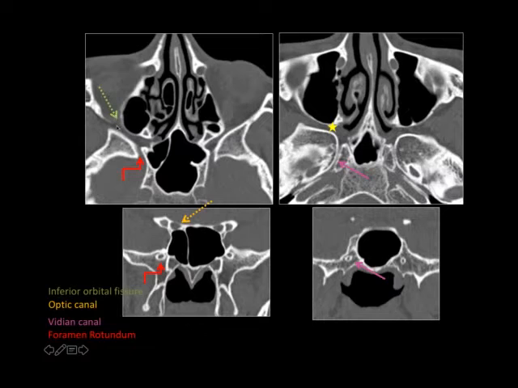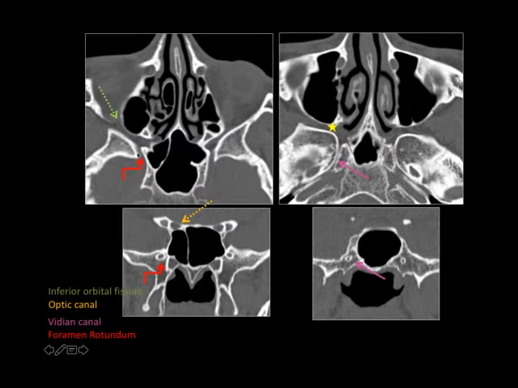Inferior orbital fissure will communicate with the pterygopalatine fossa, and you all know all the communications of the pterygopalatine fossa, right? So the pterygopalatine fossa medially opens into the nasal cavity via the sphenopalatine foramen. Very good. And laterally into the infratemporal fossa by the pterygomaxillary fissure.